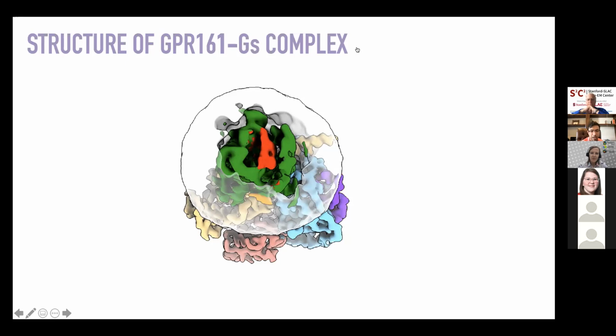And what we landed on was a very specific mixture of two detergents, and it's been incredibly enabling for the entire field to get structures of GPCR, G protein complexes. So mostly for reasons of expediency, we haven't gone back and done really careful work with nanodiscs.